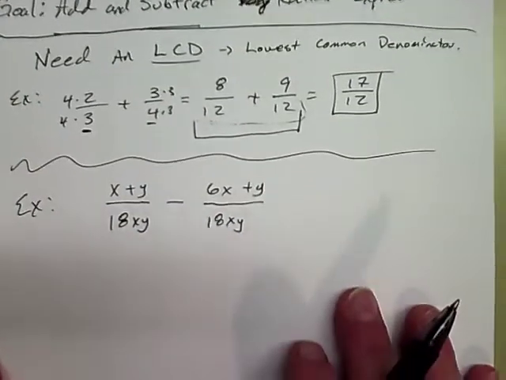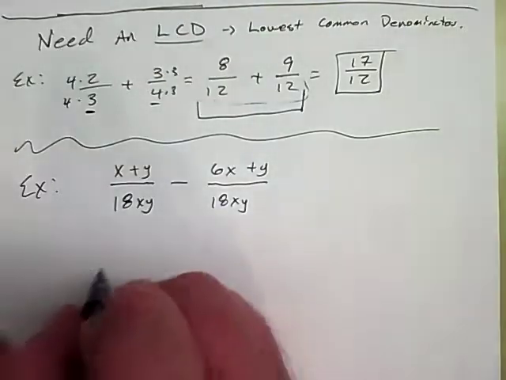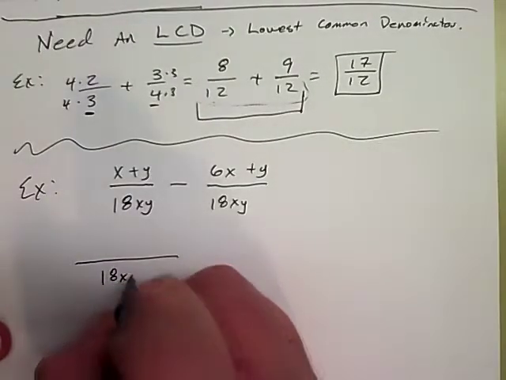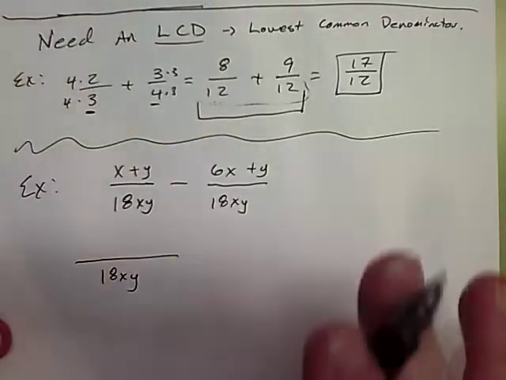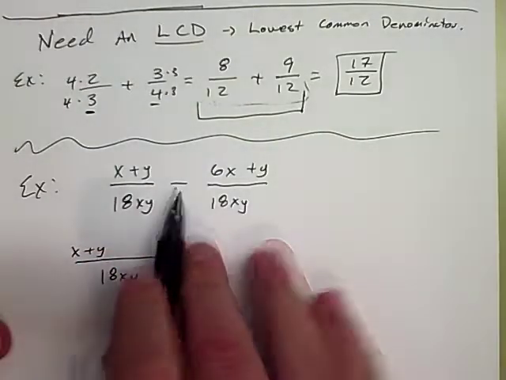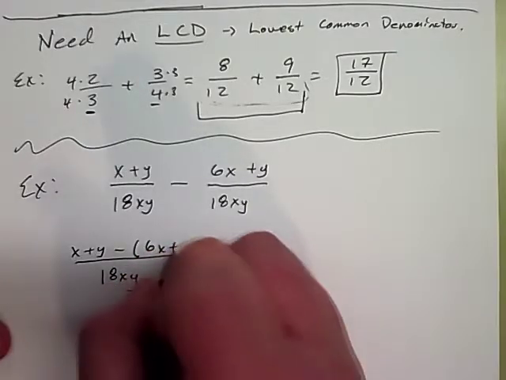But pay attention to what happens on my second step. I'm going to have one fraction with one denominator. And now I'm going to take the first numerator, x plus y, minus, and the second one I'm going to make sure I put in parentheses.